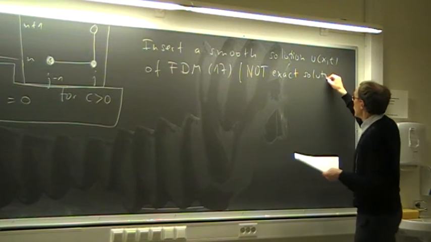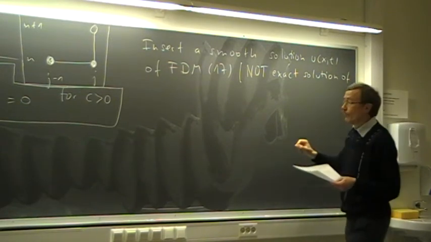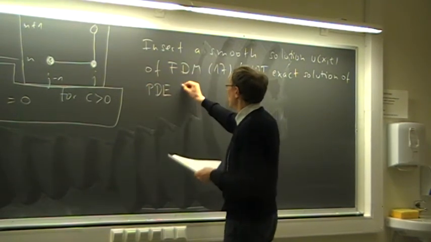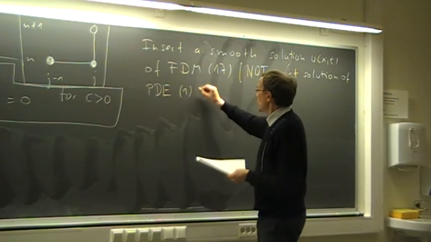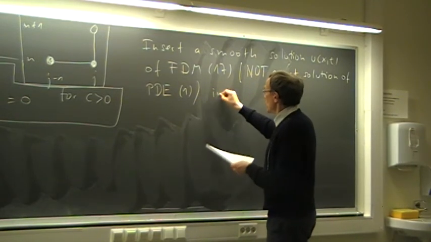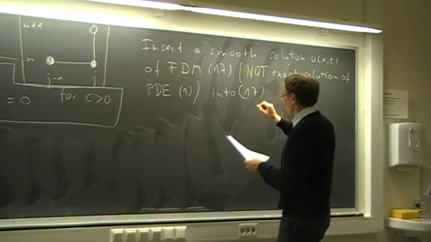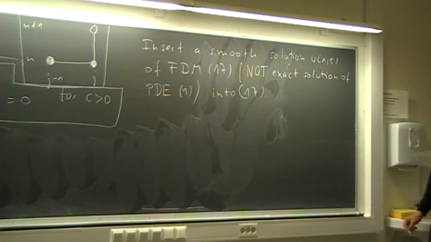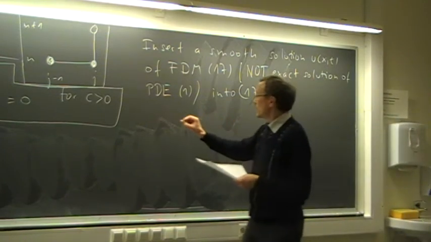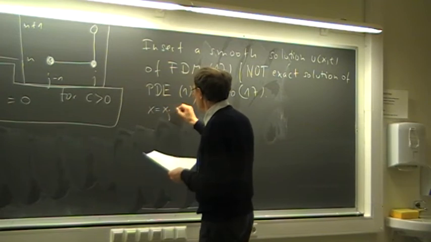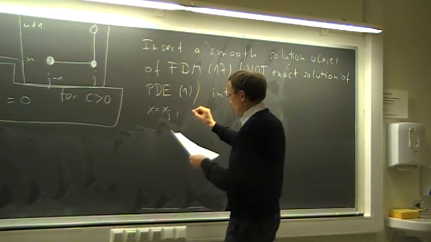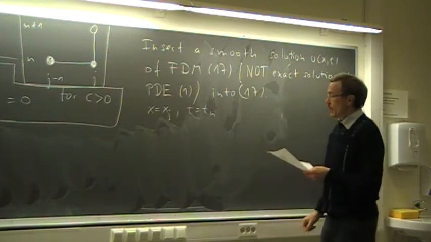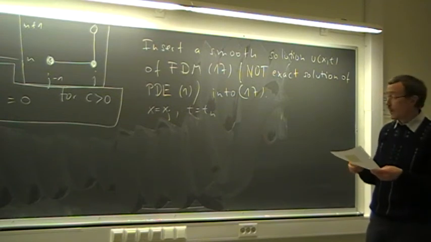What we do for the truncation error, that is not 0, but we get some order delta t and delta x. We insert then that into equation 17. And we do the usual assumptions that x is xj and t is tn, so that we don't need to write that much in the end.